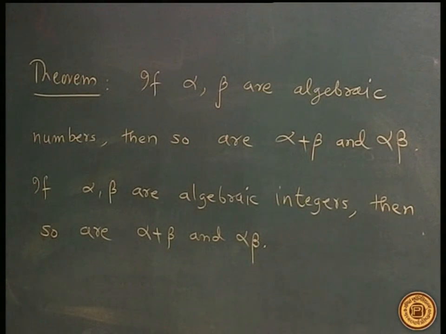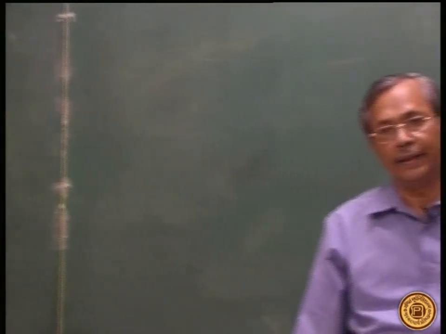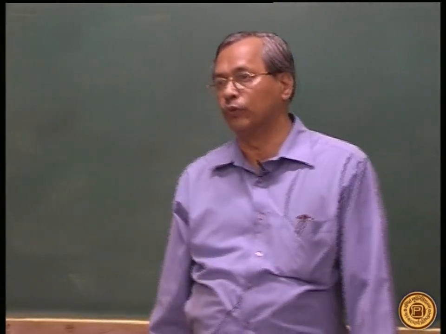In fact, the proof will also show that if degree of alpha is m and degree of beta is n, then alpha plus beta and alpha beta, they satisfy a polynomial of degree mn. That can be shown.